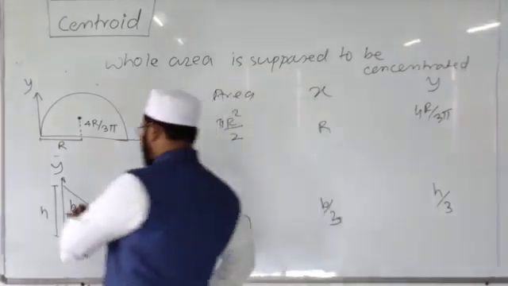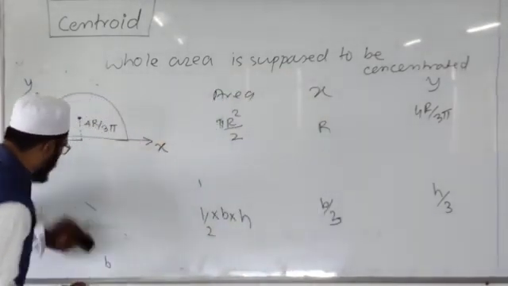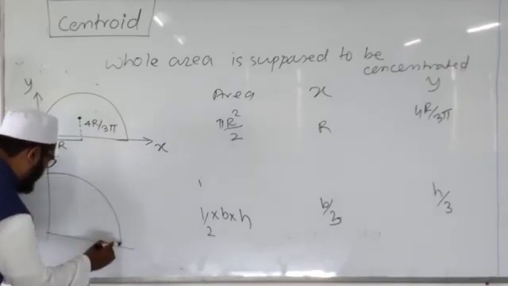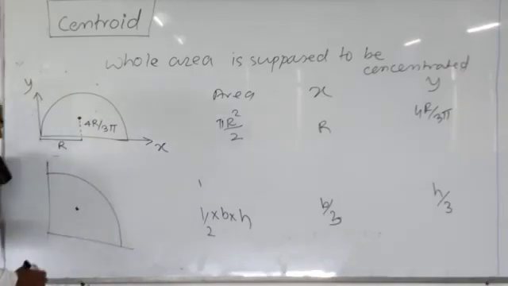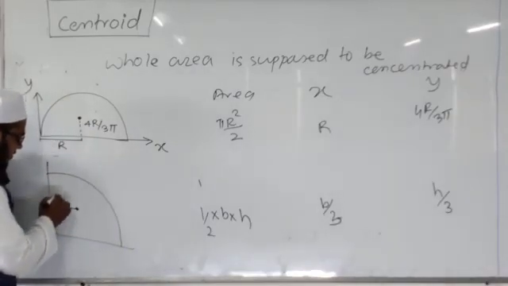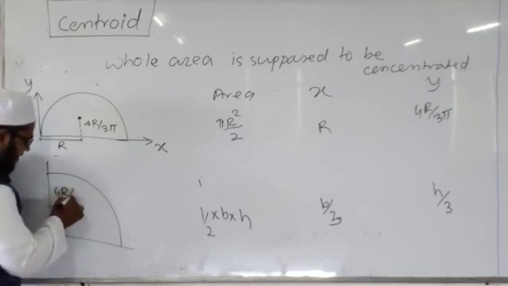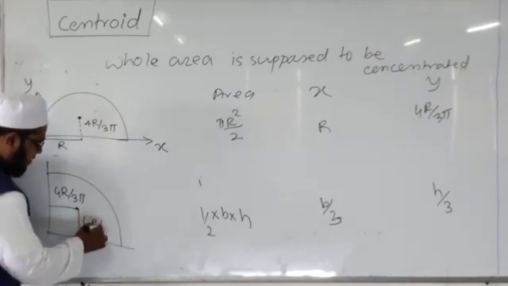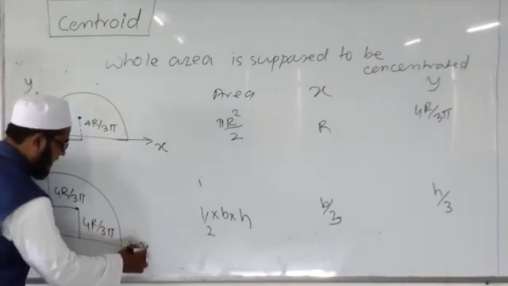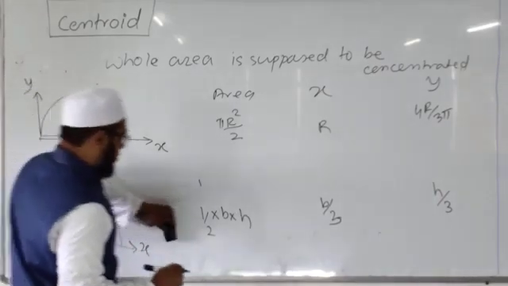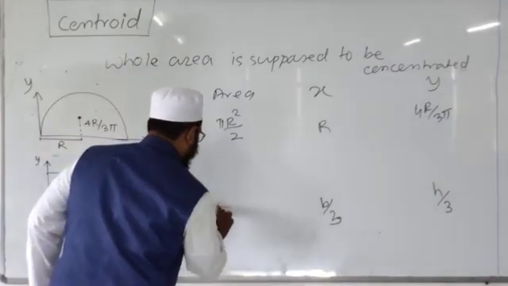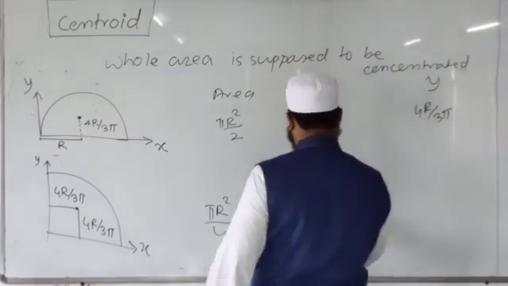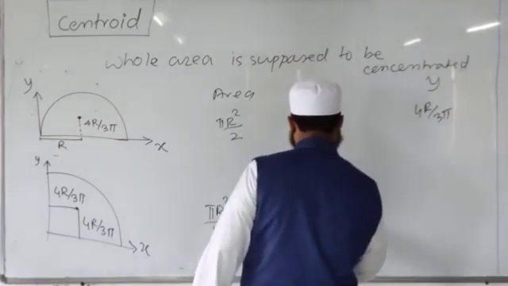Then there is another figure, that is the quarter circle. In a quarter circle, the geometric center lies here. The distance of this from the axis is 4r by 3 pi, and here also it is 4r by 3 pi. It is x, it is y. The area is given by pi r square by 4, and x and y are given by 4r by 3 pi.